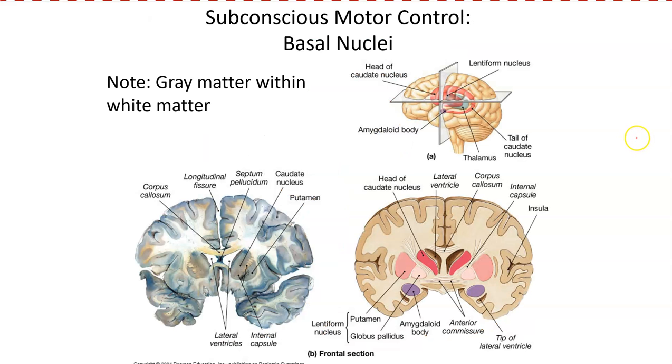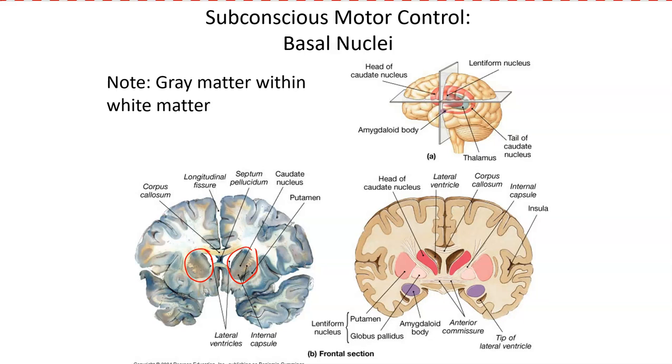There is some subconscious motor control that occurs not in the cerebral cortex, but deeper in our brains, in gray matter pockets known as basal nuclei. These things here that look kind of like eyeballs deep in the brain, these are the areas where we have subconscious motor control. Now, in a person who does not have good subconscious motor control, their arms may not swing when they walk.